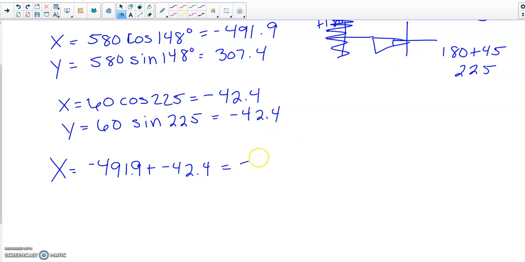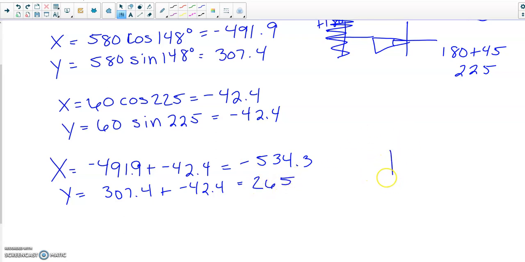I got negative 534.3, and y equals 307 plus a negative 42.4. And I get 265.